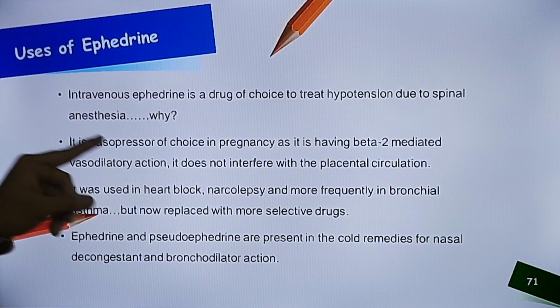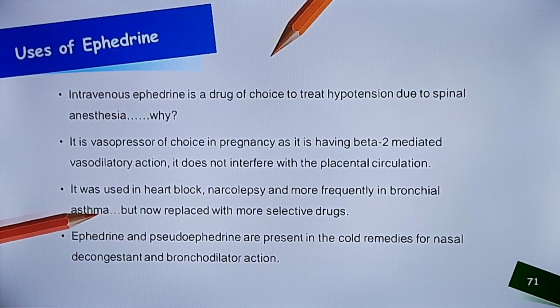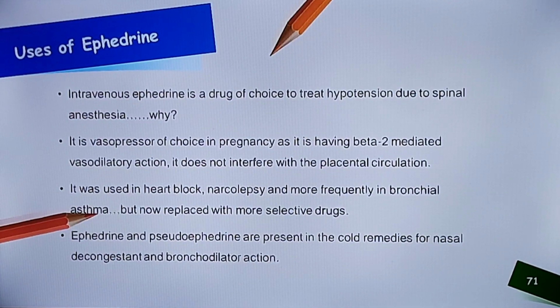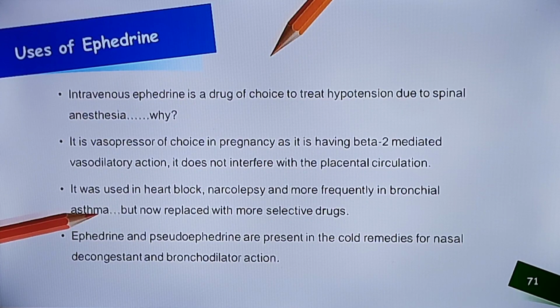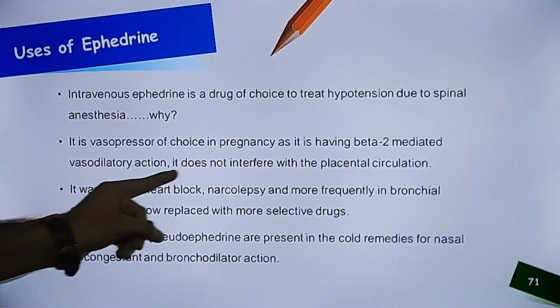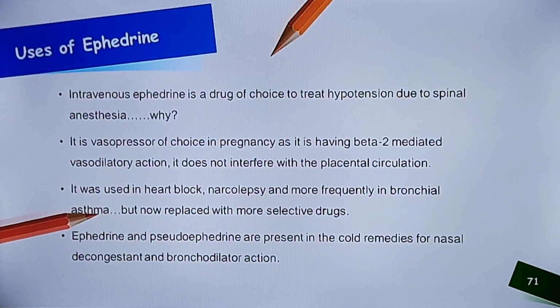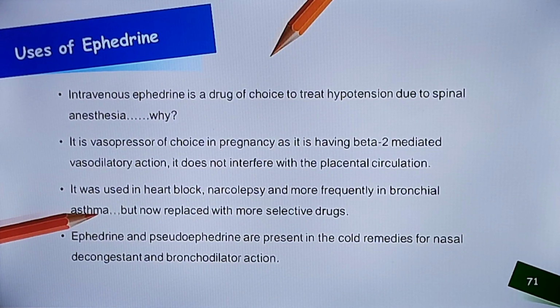It is having beta 2 action as well. अल्फा 1 भी है और बीटा 2 भी है. So therefore ये जो दोनों एक्शन है they will balance out and relatively there will be vasodilation and it will not interfere with our placental circulation. Hence, the vasopressor of choice in pregnancy is ephedrine.